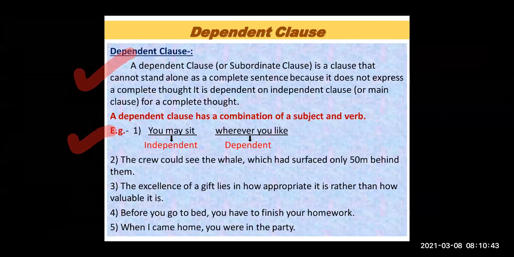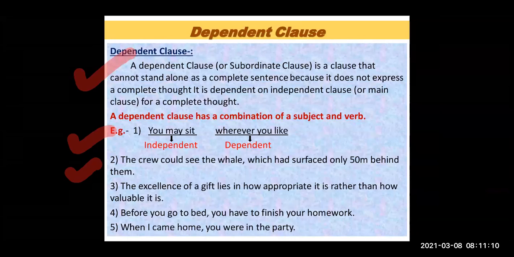Next, the second example: "The crew could see the well, which had surface only 50 meters behind them." Again, two clauses are separated by a comma. "The crew could see the well" is a sentence with a complete meaning, a complete idea.